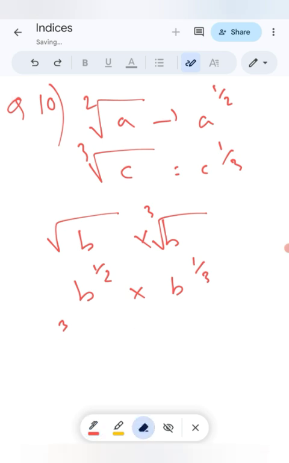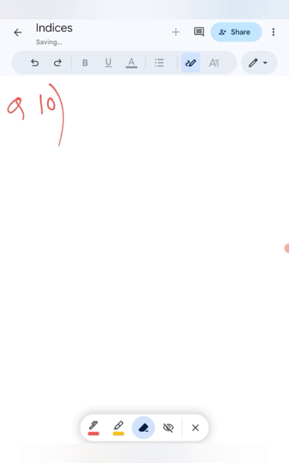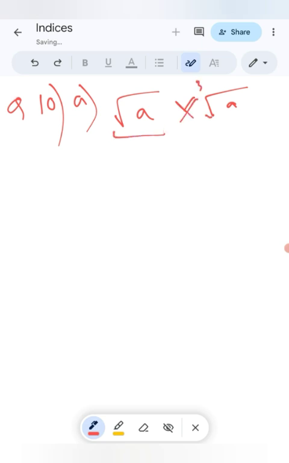Now let's start with the proper questions. I think the basics are clear to you all. Part A. The question is square root of a multiplied by the cube root of a. Now this is a square root, understandable.